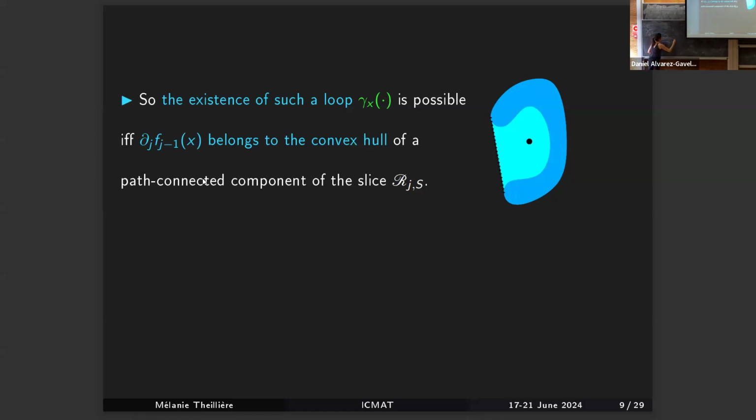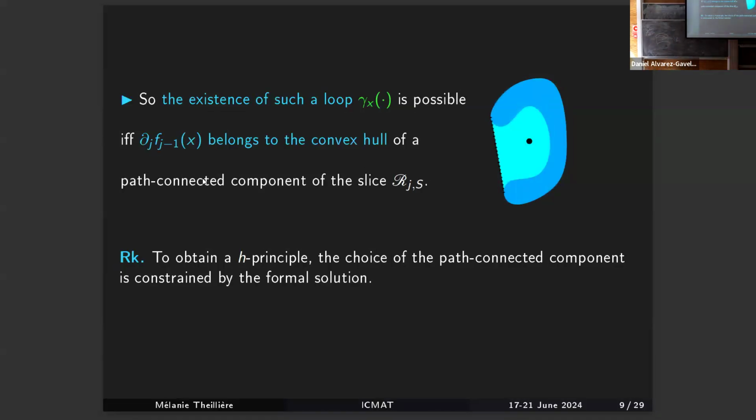Imagine the derivative I want to modify is this one, j minus 1. It's still in the convex hull, but when I try to draw a loop, I can't stay in the path connected component. I need to choose gamma, but gamma needs to be continuous, so I can't jump with gamma to catch its average. So I need to stay in the same path connected component of the relation. That's why the path connected words appear in our condition.